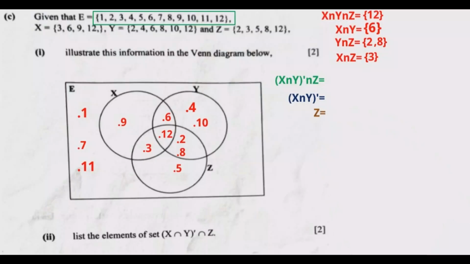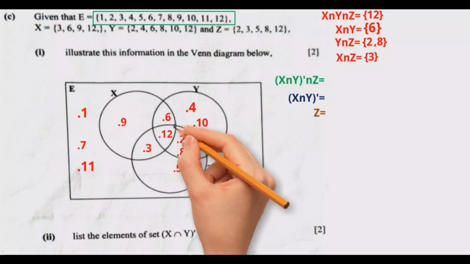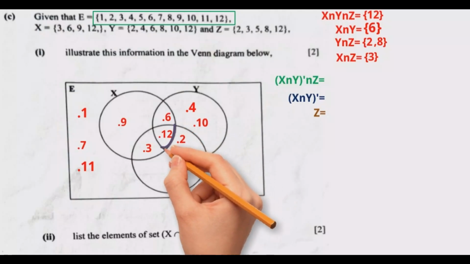So let's focus on X intersection Y complement. What are the elements that are not found in X intersection Y? For us to find this, we first need to identify X intersection Y. So that's where we have 6 and 12.